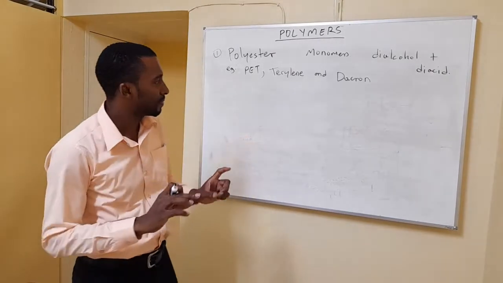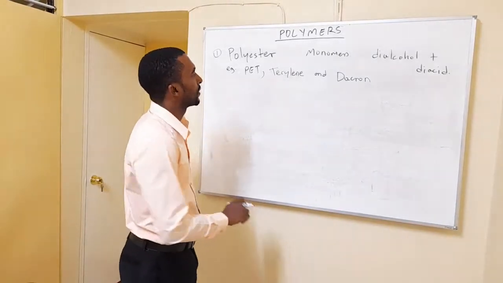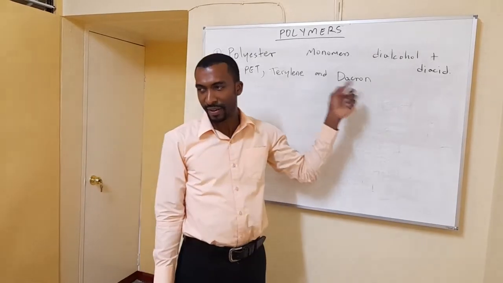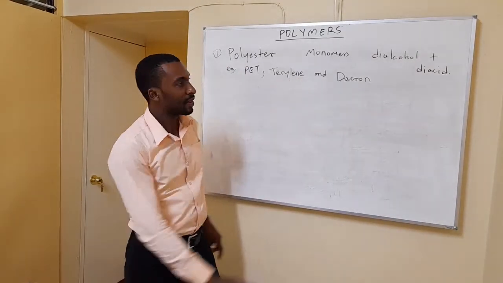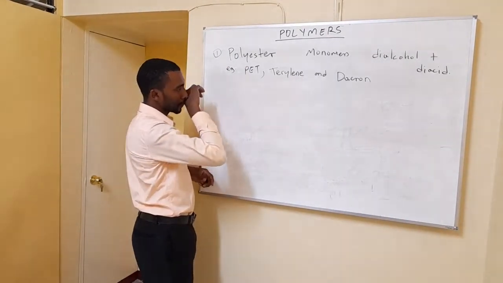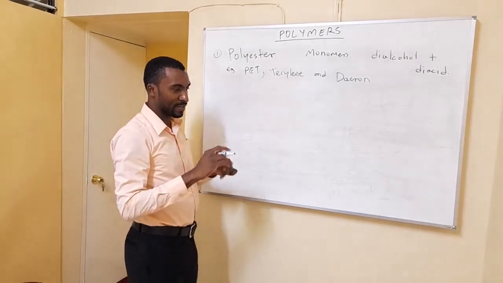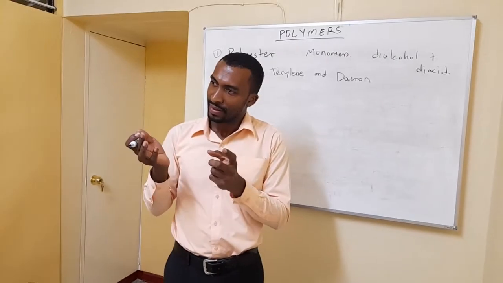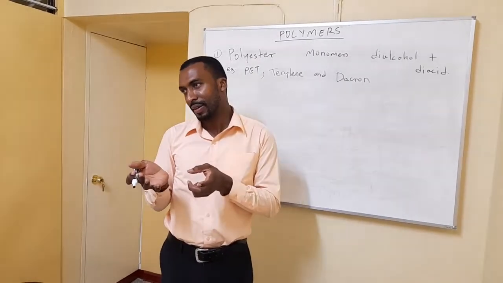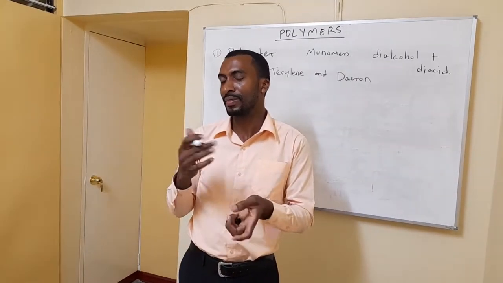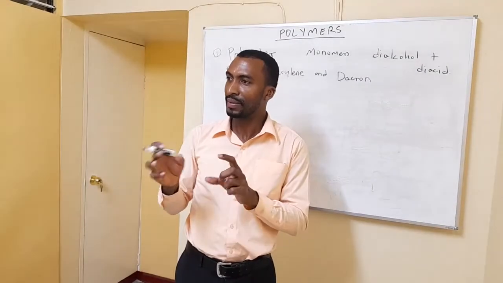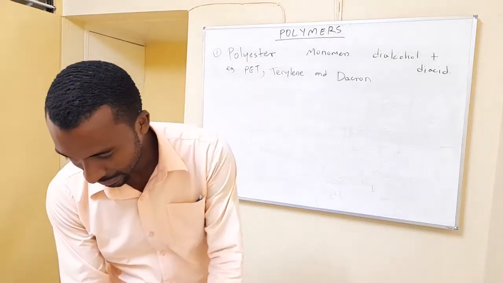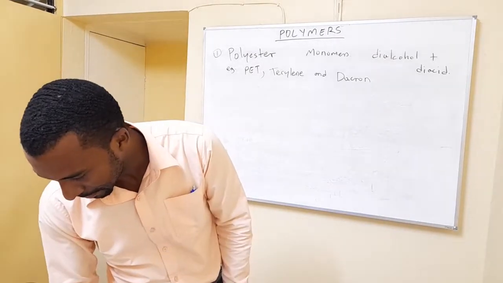But I'm not going to give you the specific example of them because these are very large examples, right? Just for exam purposes, I'm going to show you how 3 small molecules, 2 dialcohol and 1 diacid, could come together to form a polymer, alright? With condensation in that sense.